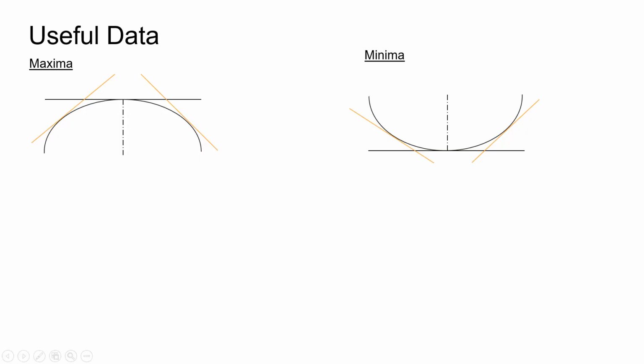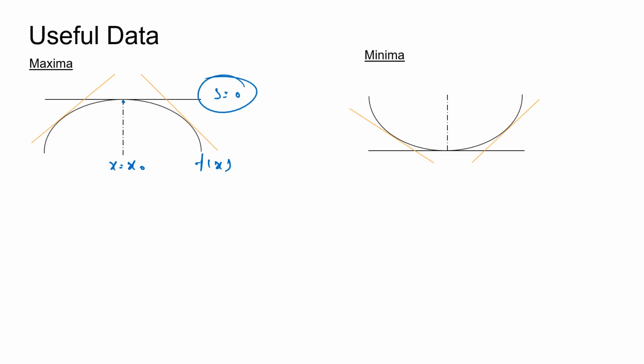Now coming to the useful data, we know that there are certain conditions which are required to be fulfilled for maxima and minima. So let's say for maxima we have a function f(x) here. Let's say the function f(x) is maximum at a point x equal to x0. We can clearly see that at this point, if you draw the tangent, the slope is 0.